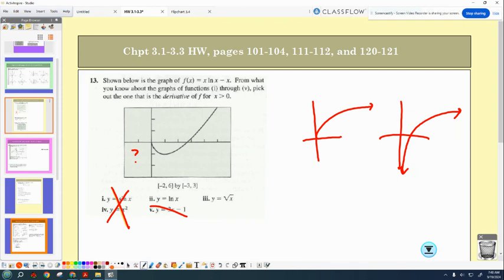Yeah, so let's see. So that's the answer. Oh, I'm going backwards. If that's the function, what's the derivative?